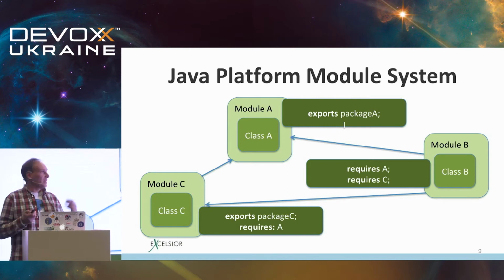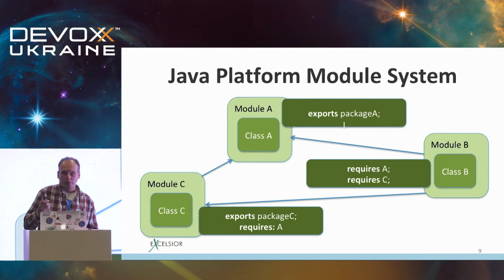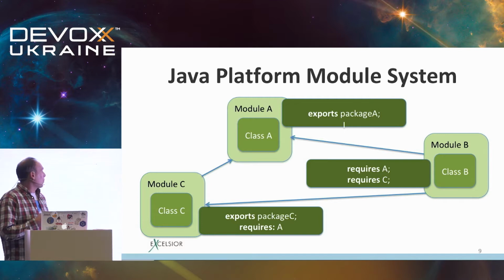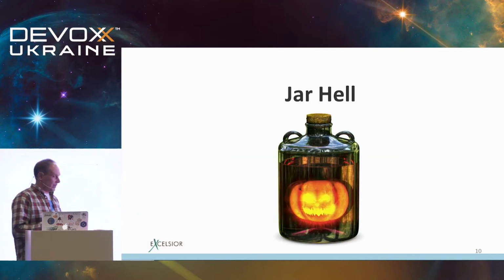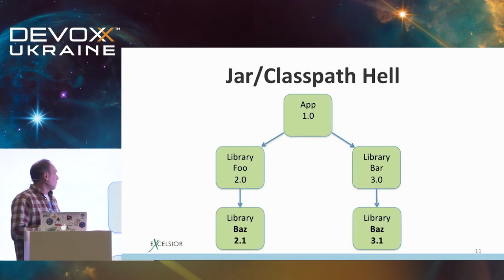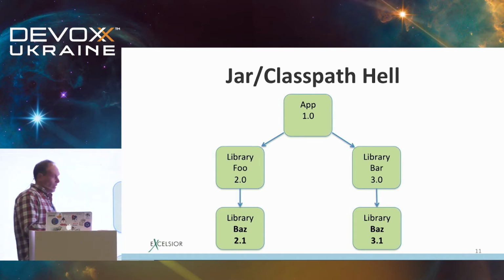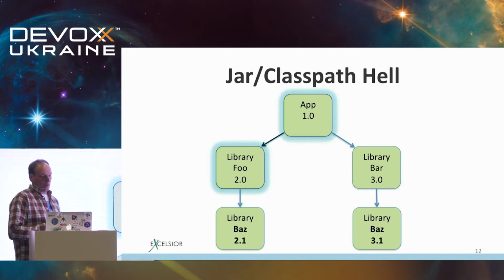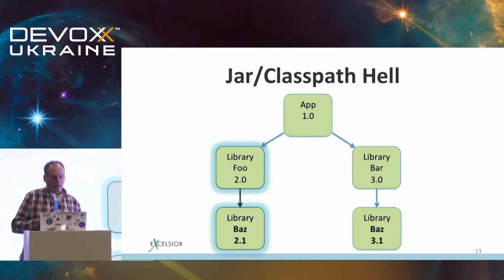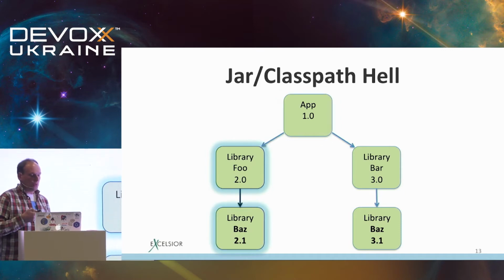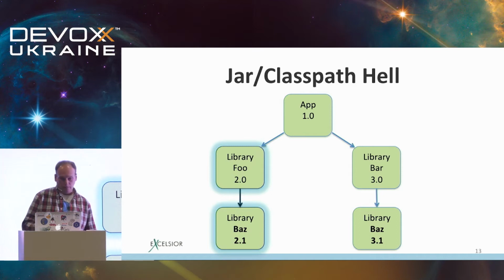But even with this basic information, we can now pose the problem that we will fight during the session: the jar hell problem. It is most easily illustrated by the following example. Let's suppose the app depends on a library foo. Foo depends on a library bus of some version.